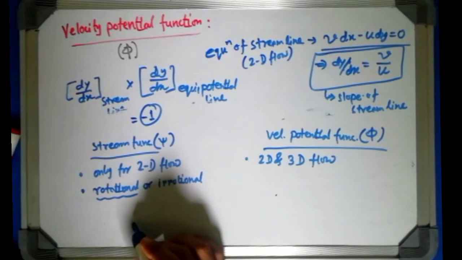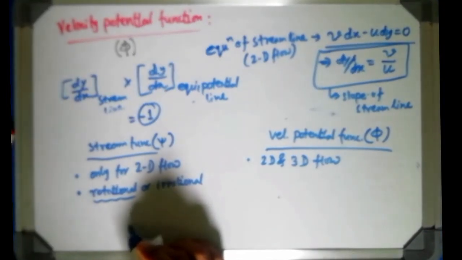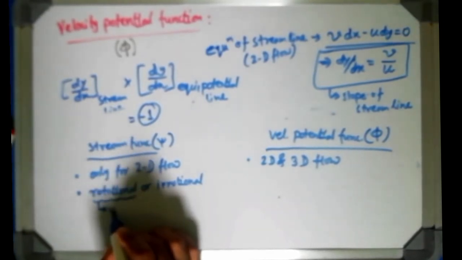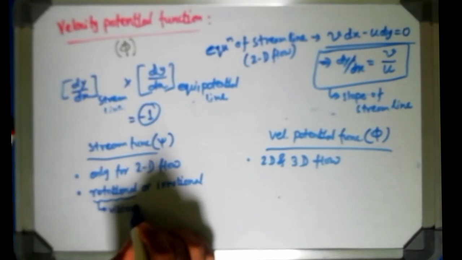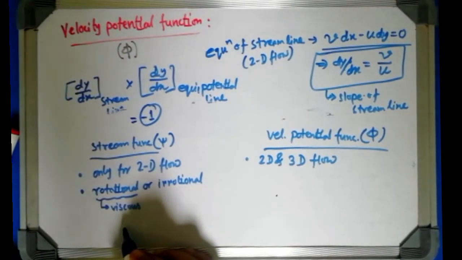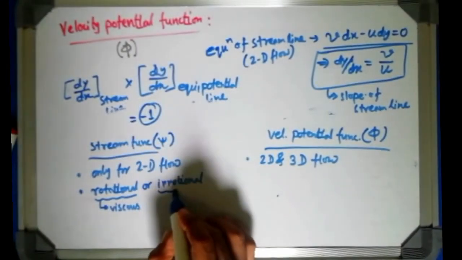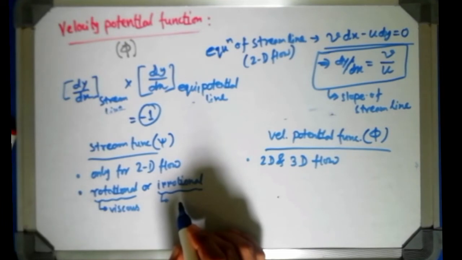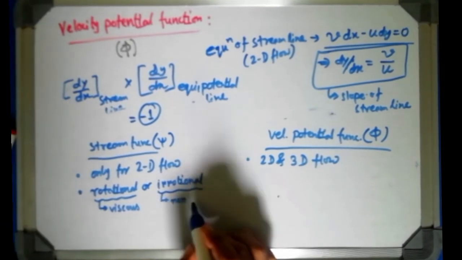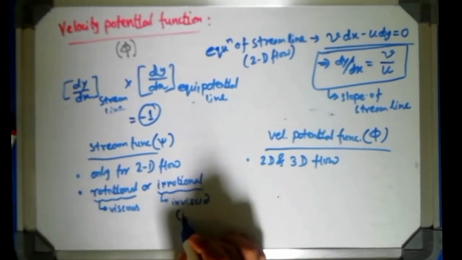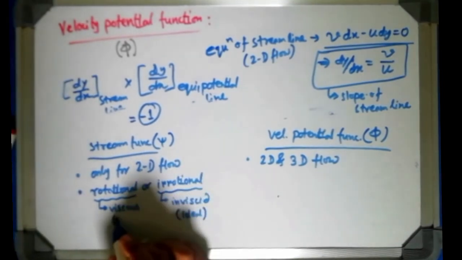If the flow is rotational, that means fluid particles rotate around their own axis, then obviously we can say it is a viscous flow. Some viscosity is there between two fluid particles, that is why they are rotating. And if it is an irrotational flow, in other words it is non-viscous or inviscid fluid. Inviscid fluid is nothing but the ideal fluid, and it is not a real fluid.